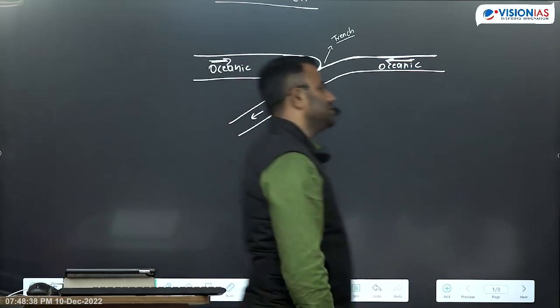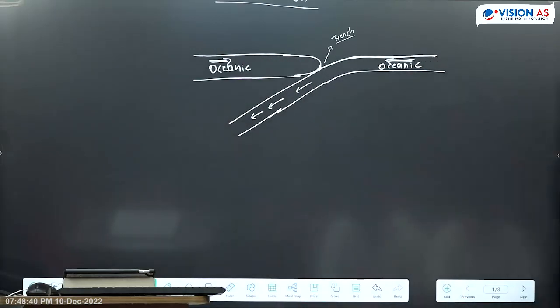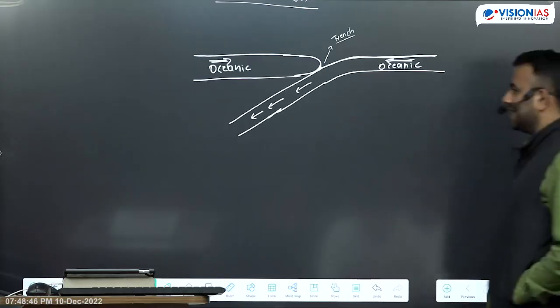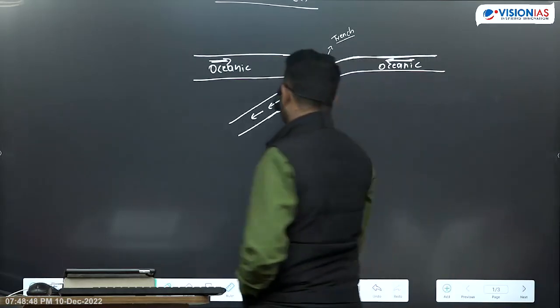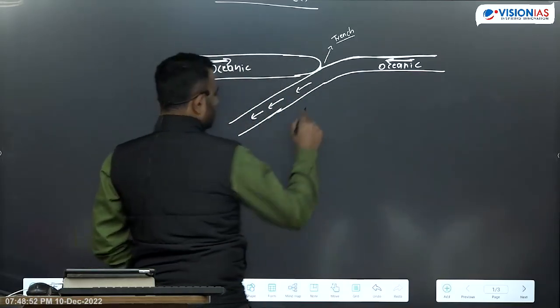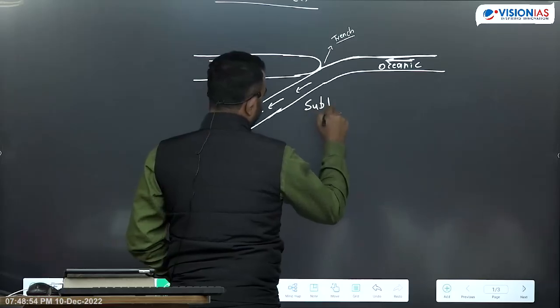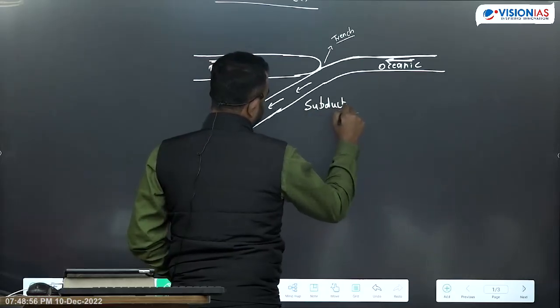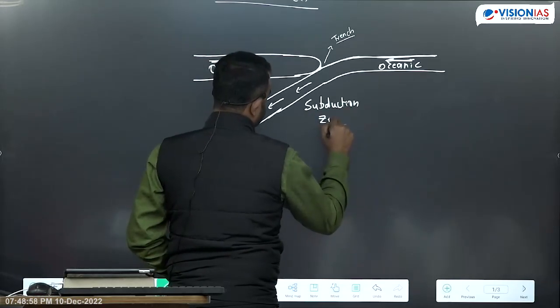So what are the events? As two oceanic plates converge, one of the oceanic plates, which is slightly denser, will start to undergo subduction below another one, and the zone is called the subduction zone.